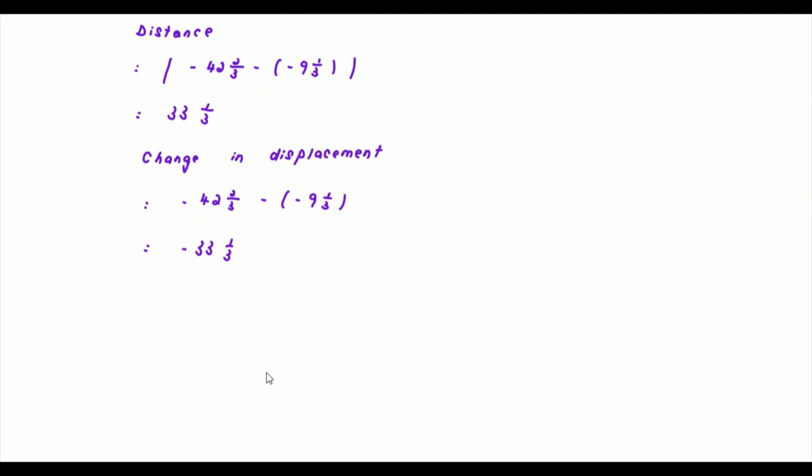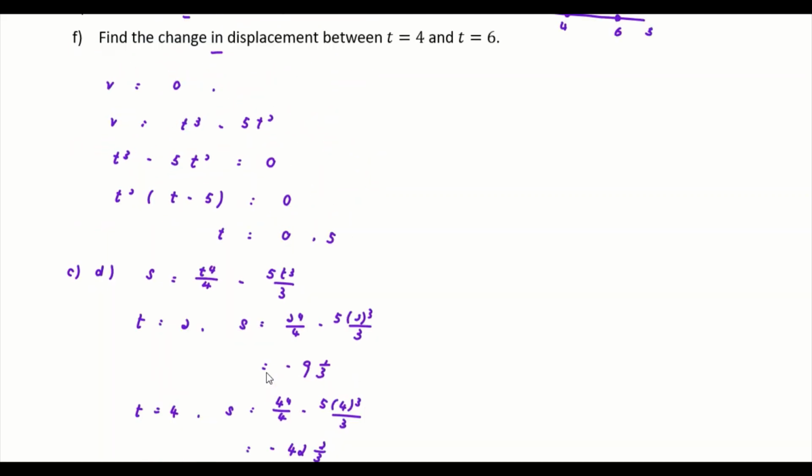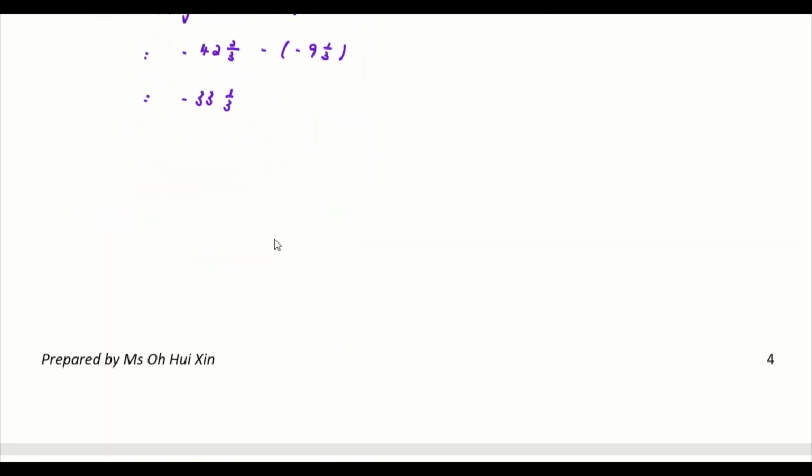So for this case, if we look at the graph approach, this is t cubed minus 5t squared. You will know that you have an intersection with the x-axis at t equals 0 and t equals 5. So if you have a VT graph, how is it going to look?